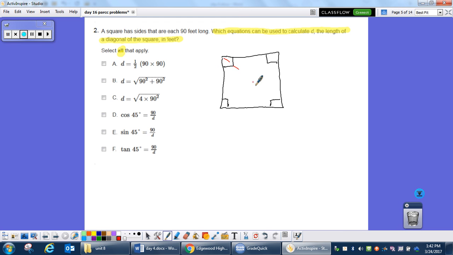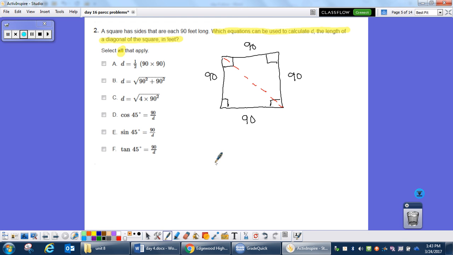So there is your diagonal. So what I'm going to do is there are 2 ways. Well, first I actually should label all of my 90 because the sides are also 90. Okay, so there's actually going to be 3 answers to this.